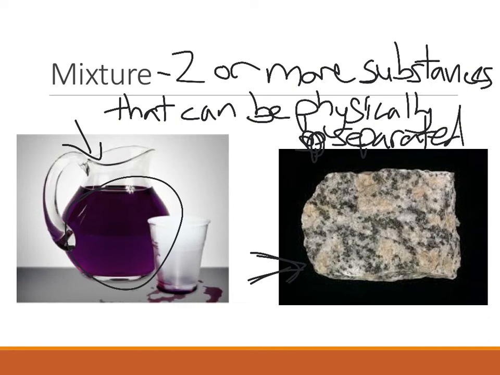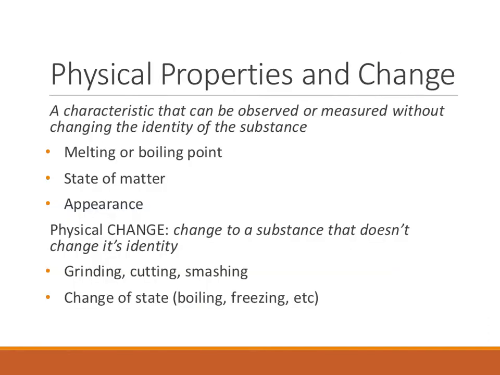Okay, so let's talk for a moment about physical properties and physical change. The key thing here is that when we talk about physical properties and change, we are not changing the identity of the substance. Physical characteristics are things that we can observe without changing the identity of it.